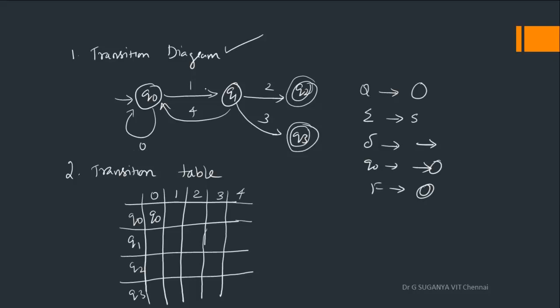From Q0 when you apply 1, what is the destination? It is Q1. And from Q0 there is no transition on 2, 3 and 4. Similarly from Q1 we have a transition on 2, which is to Q2, and on 4 it is to Q0. No other transition. From Q2 we don't have transitions at all, and here also we don't have transitions at all.